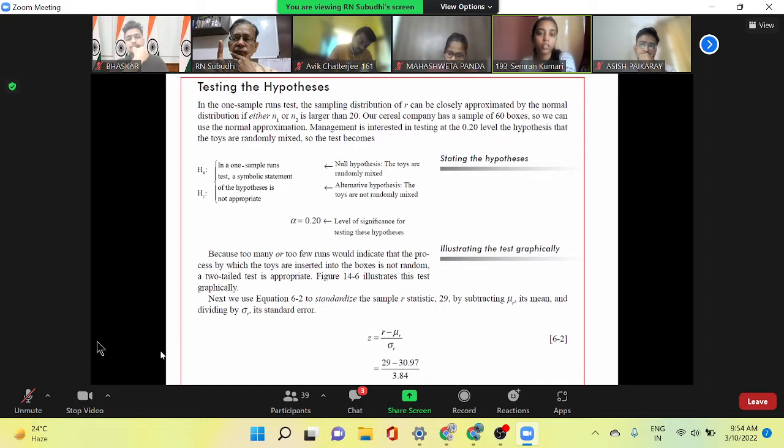H0 will be randomly mixed and H1 will be a sequence, there will be a sequence or a pattern. So H0 is randomly mixed, or there is no pattern, and H1 is there is a pattern or sequence.